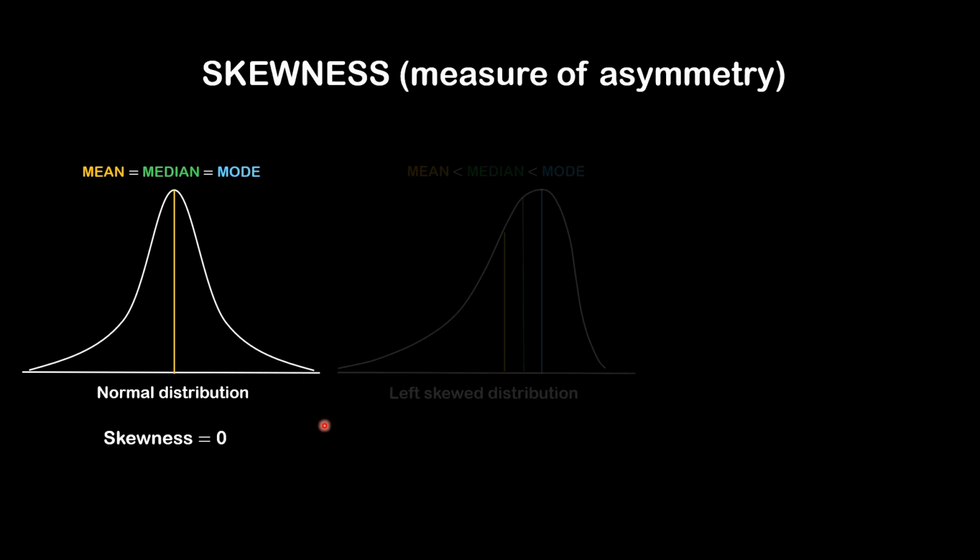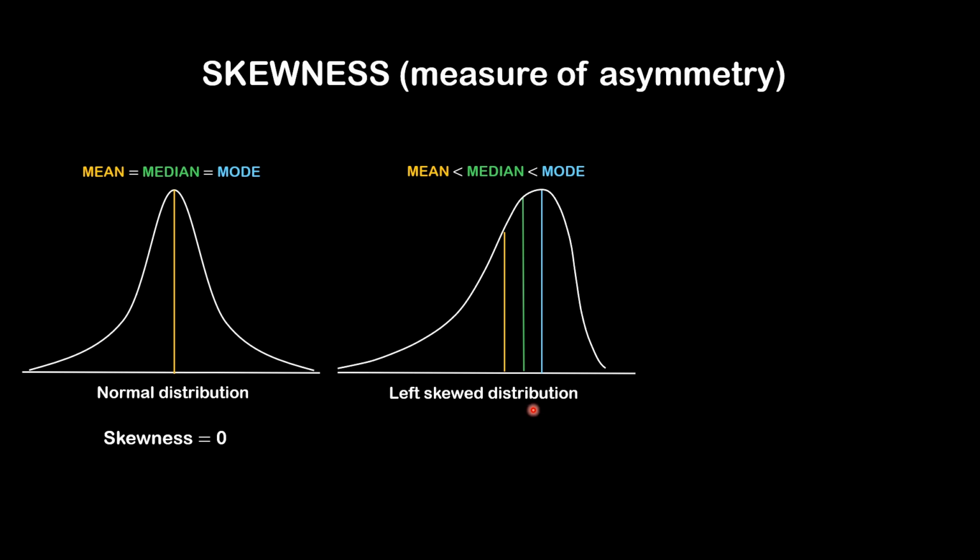Sometimes you'll come across left skewed distributions with a stretched and thick left tail, where the likelihood of finding very small values of x is higher than the likelihood of finding very large values of x. You can see that the right tail is almost non-existent.